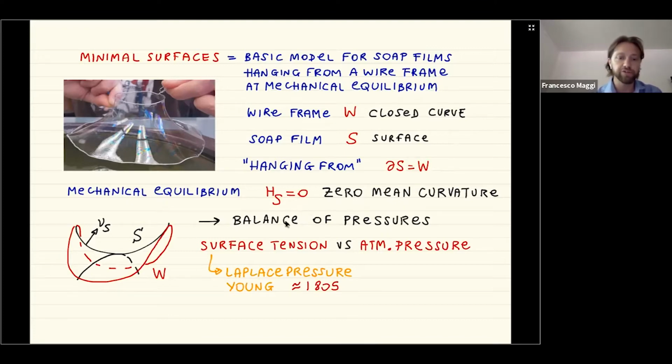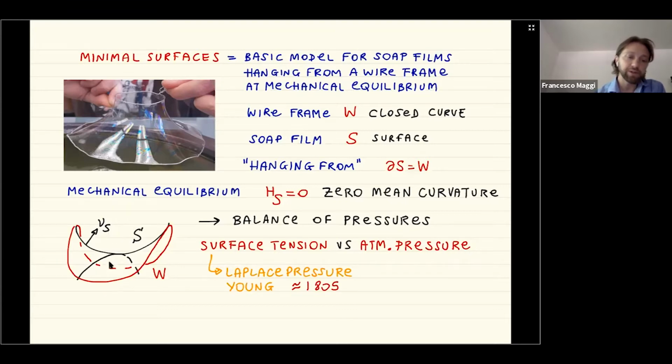The first way of justifying that is an argument called the balance of pressures. Essentially, you describe all the forces that act on an element of your surface, and then you prescribe their balance, because that's equilibrium. In this case, one writes down surface tension. Surface tension is the lateral pull of an element of surface that results in a net normal pressure on the surface.